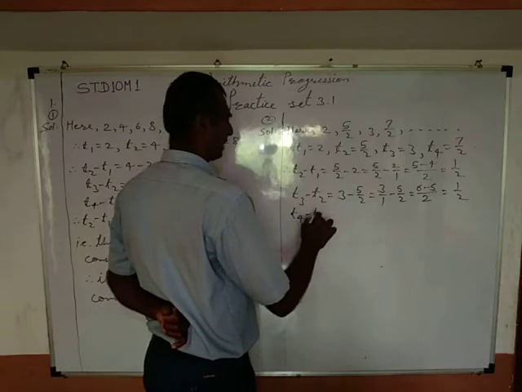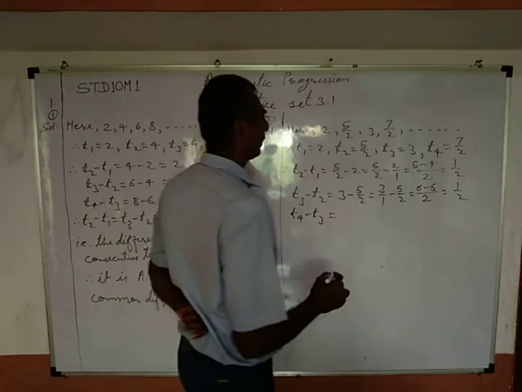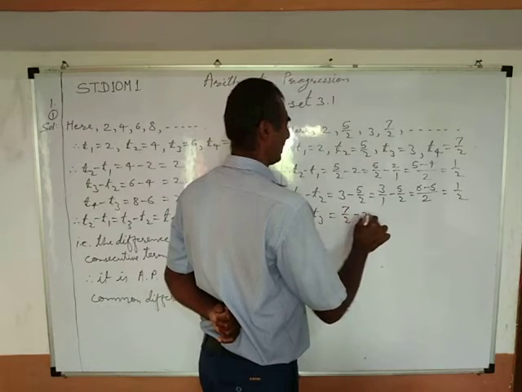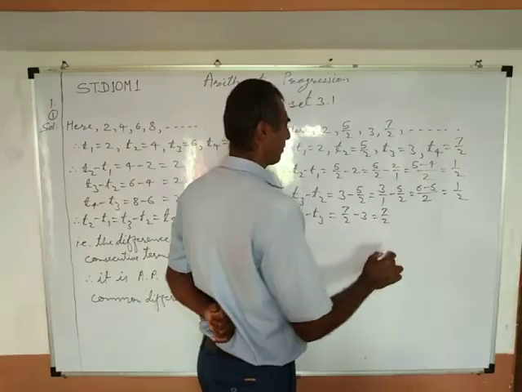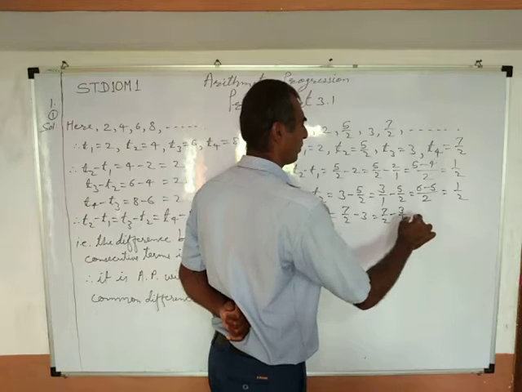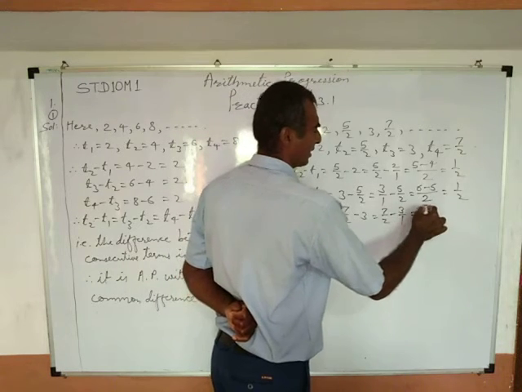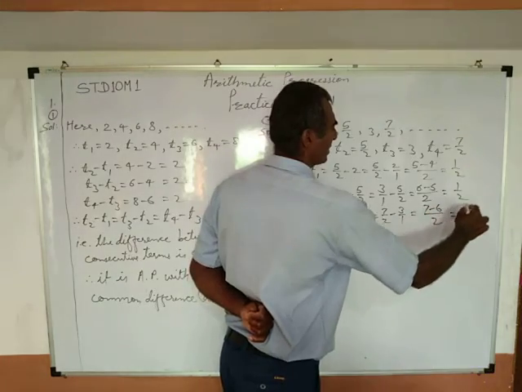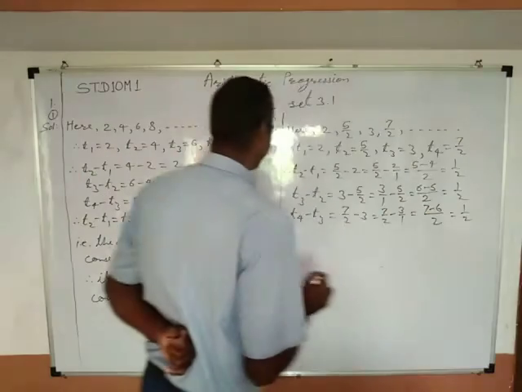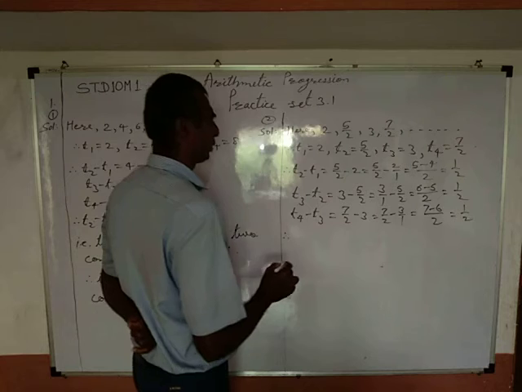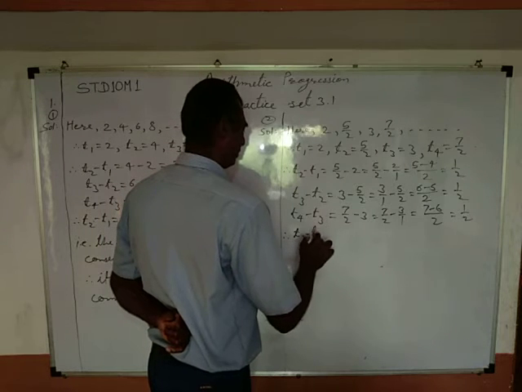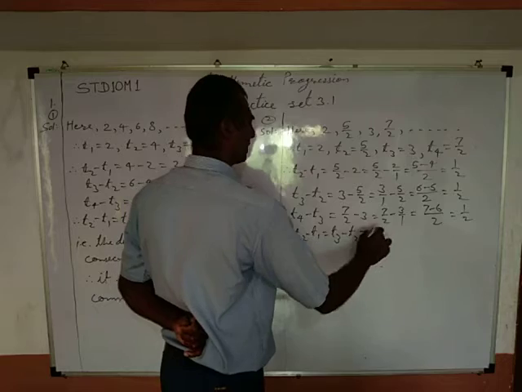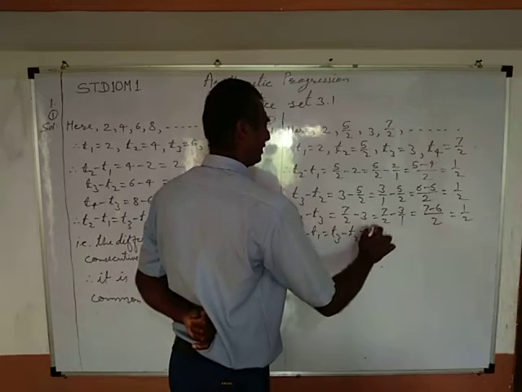T4 minus T3 equals 7 upon 2 minus 3 equals 7 upon 2 minus 3 upon 1 equals, 7 minus 3 twos are 6, upon 2, equals 1 by 2. And therefore, T2 minus T1 equals T3 minus T2 equals T4 minus T3.